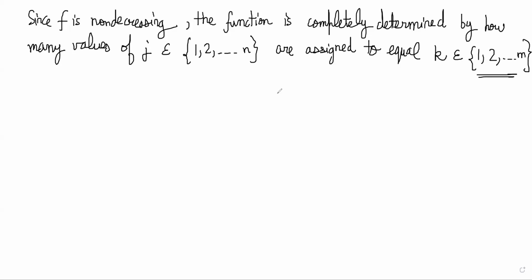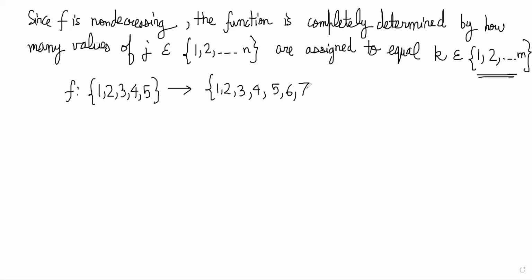What do I mean by this? Let's say we have to find a function from 1, 2, 3, 4, 5 to 1, 2, 3, 4, 5, 6, 7, right?